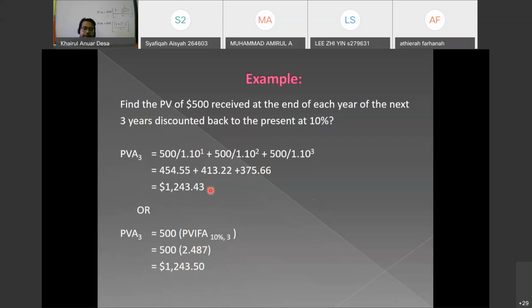Okay, it's slightly different between the formula and the table. So any problem? Boleh dapat jawapan tersebut? Okay, this is year 1, this is year 2, and this is year 3. Okay, dah salin benda ni?